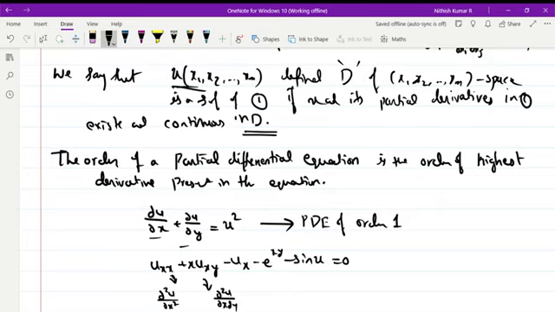So we can see the highest derivative term is dou square u by dou x square or dou square u by dou x dou y. Therefore, the order of this partial differential equation is 2. So we have seen the general definition of partial differential equation. We shall see simultaneously what is a first order partial differential equation.